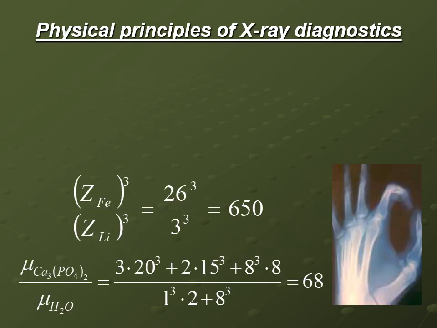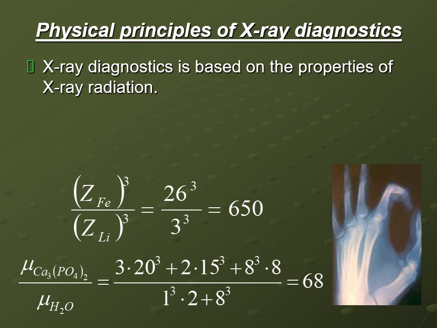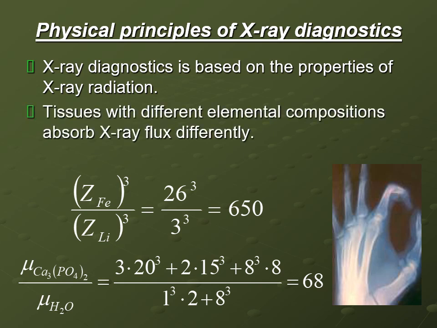Well, just passing through the tissues of the body, passing through the substance, we have the conversion of X-ray energy into other types of energy. And the flow that will come out of the body tissue, or from any substance, will be determined by the Bouguer law. The Bouguer law here says that the radiation flux of the released substance, and this law applies not only to X-ray radiation, but also to other types of electromagnetic radiation.